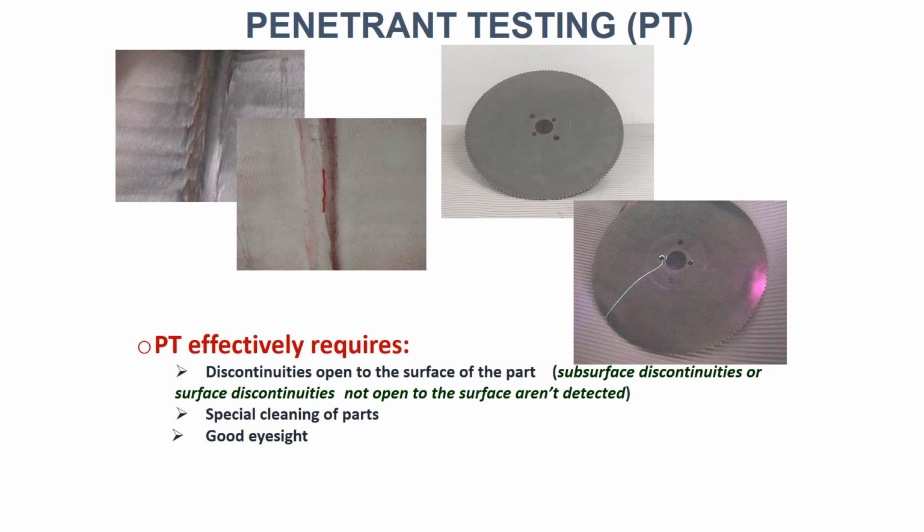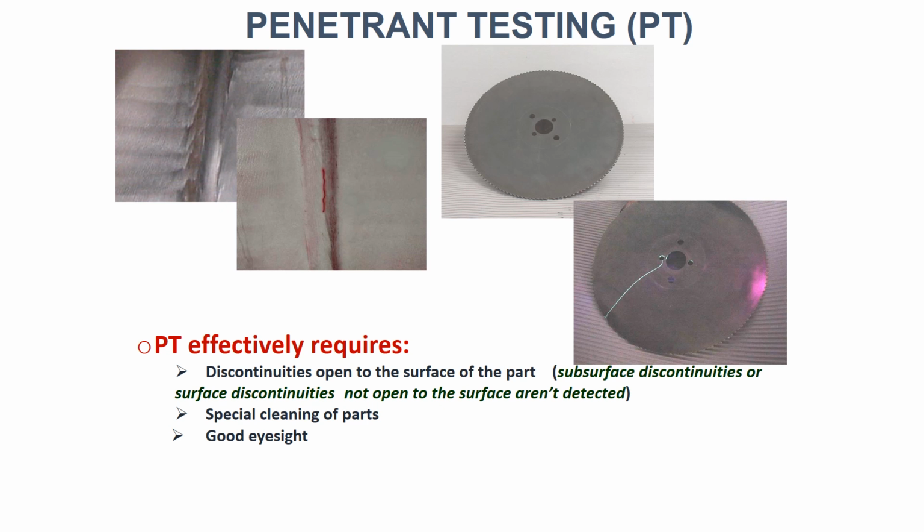Now, special cleaning of parts means the pre-cleaning of the parts and the post-cleaning of the parts. This is very important. PT effectively requires cleaning of parts. It means the parts should be properly cleaned before they enter a penetrant testing station.